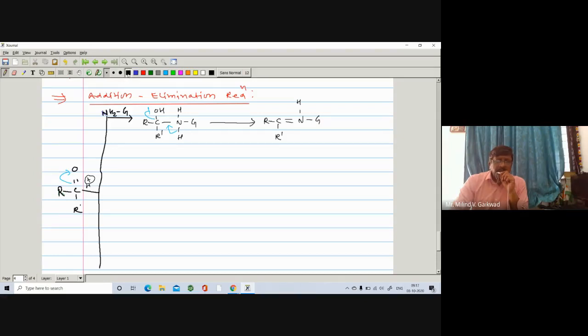So next example, suppose I put here ammonia, NH2G. In this case, this G is H, hydrogen, right? It means ammonia.